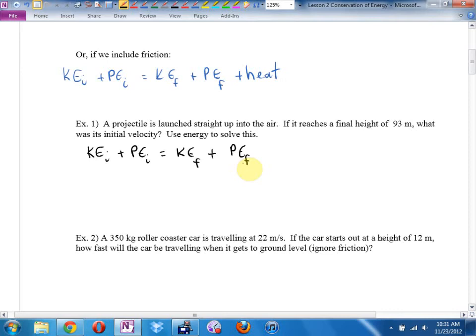Is our initial height 0? Is our final speed at the top for a split second 0? Is our final height 0? No. And we get this. A half m v initial squared equals m g h final.